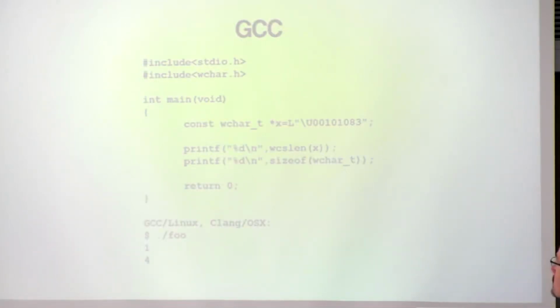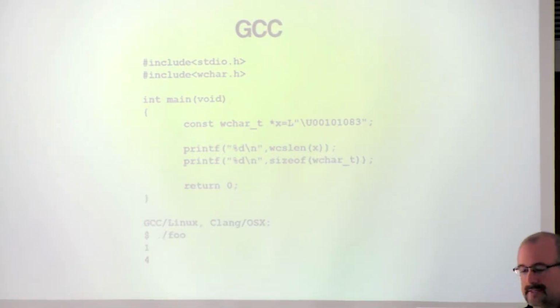So let's look at GCC. Backslash U 0010 1083 is a code point that is in the upper range of what Unicode can represent. And I print out the wide character string length of that string and the size of the wchar_t that it's made up of.